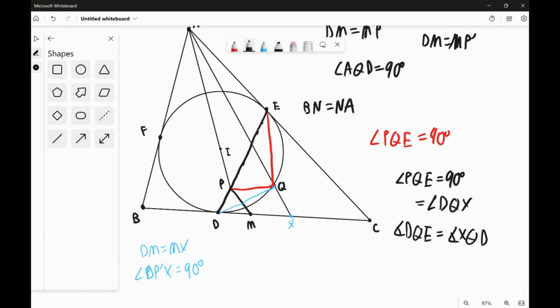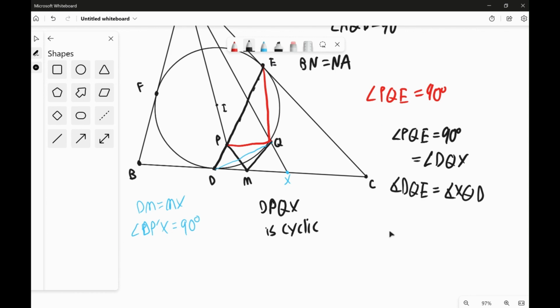So we already know that angle DQX is equal to 90 degrees, and angle DPX is also equal to 90 degrees because DM equals MX, as we said, which means that DPQX is cyclic. So let's go ahead and evaluate each term separately.